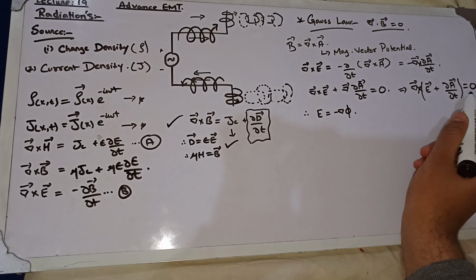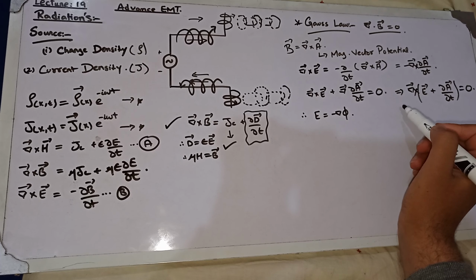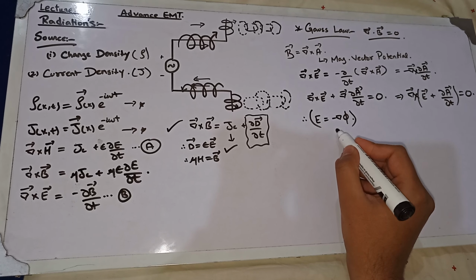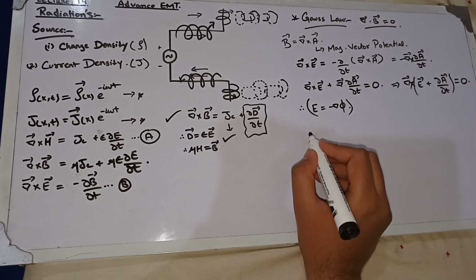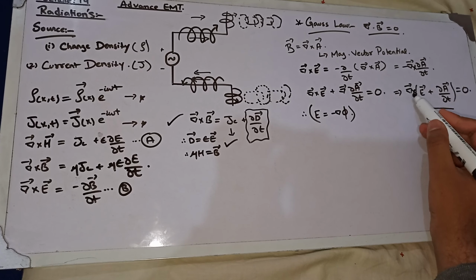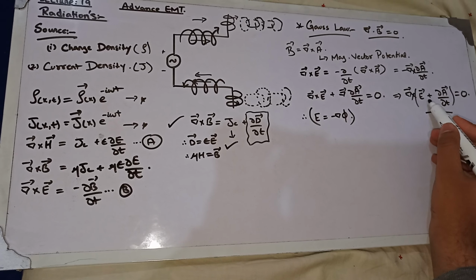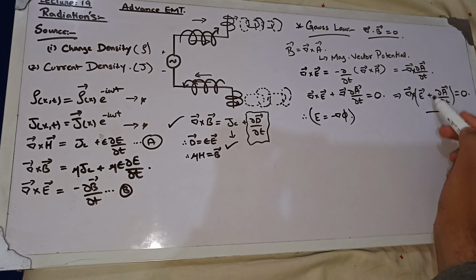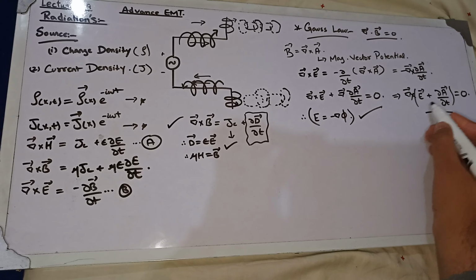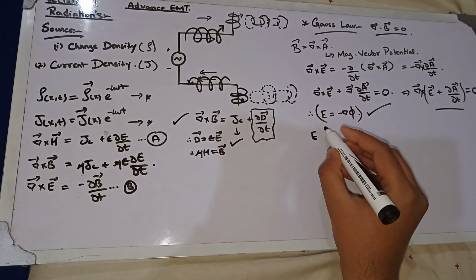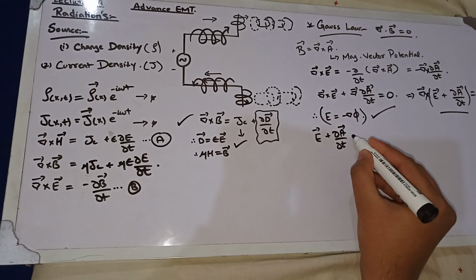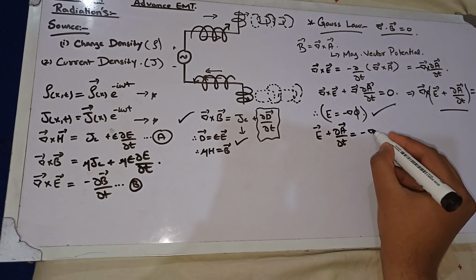If the curl equals 0, it is the gradient of a scalar, so E plus partial A divided by partial T equals minus del psi.